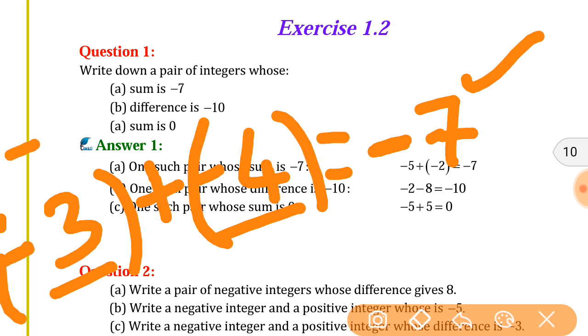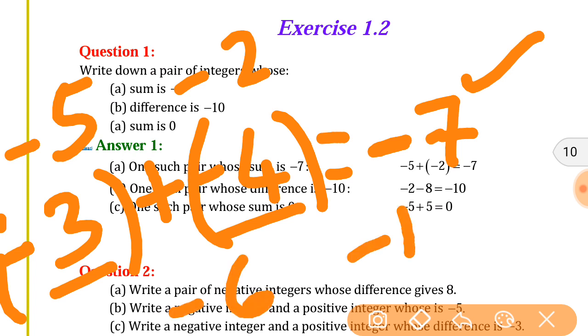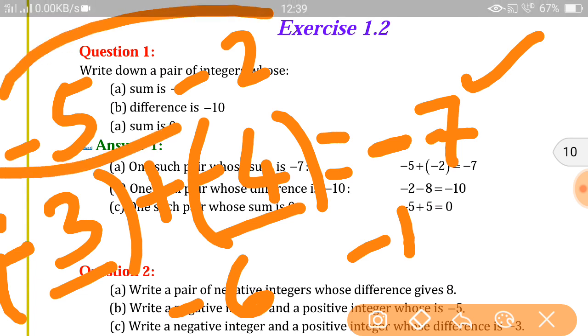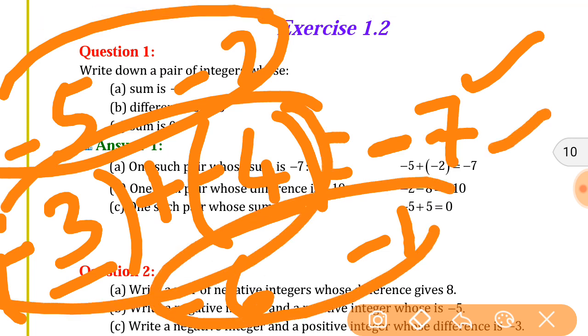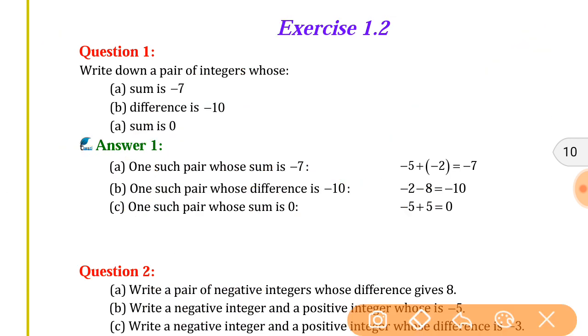Or else minus 5 minus 2, or else minus 6 minus 1, isn't it? So these are the numbers that give the sum minus 7. You can write any number. Here is one such pair, minus 5 minus 2.